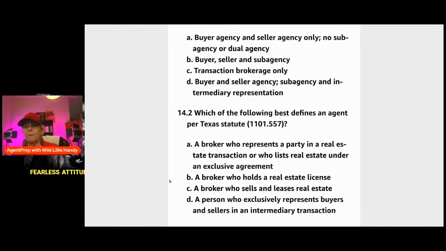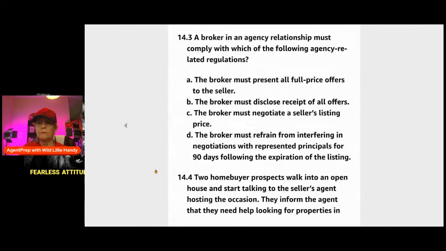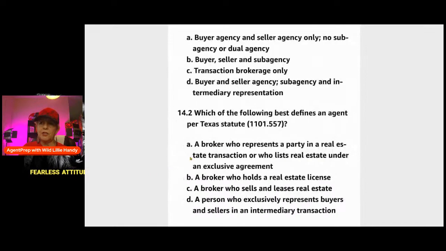A broker who represents a party in a real estate transaction or who lists real estate under an exclusive agreement. And they said agent, okay, so the answer could have had a sales agent on there. However, it put a broker because they're the one who actually represents the clients, right?